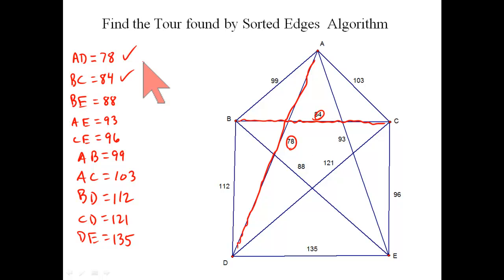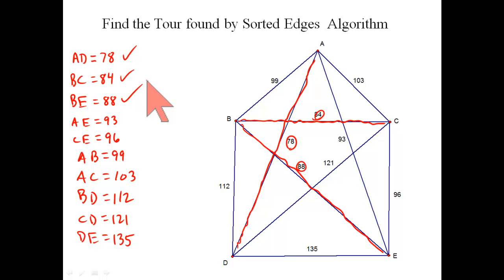How about BE, the 88? So no more than 2 edges into any vertex yet, and does not complete a circuit. So we can put this one in.